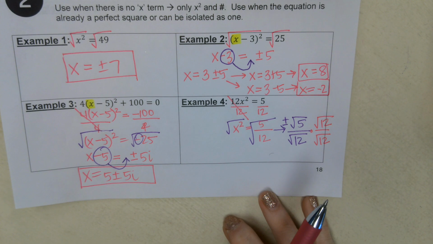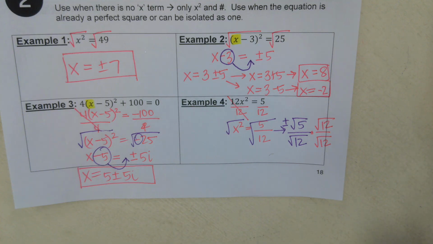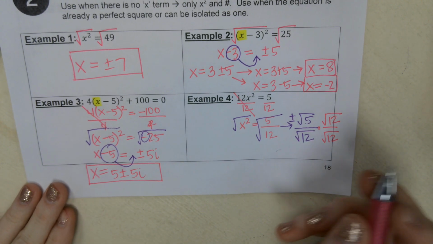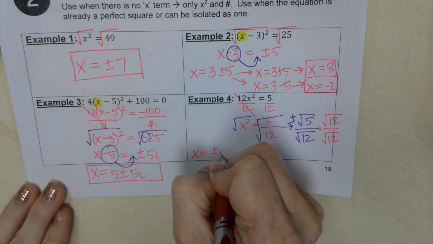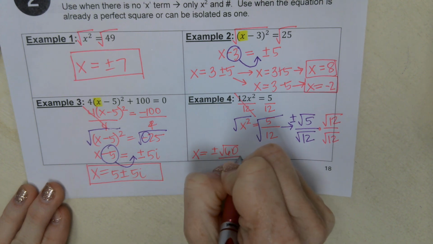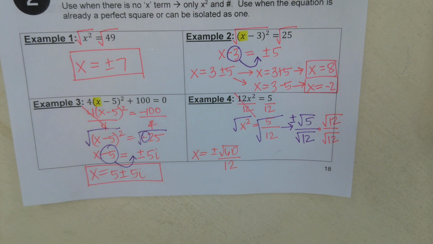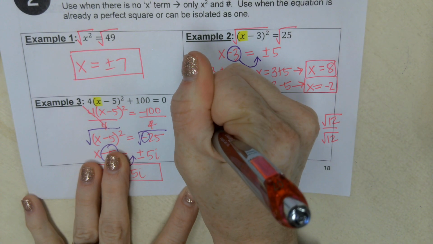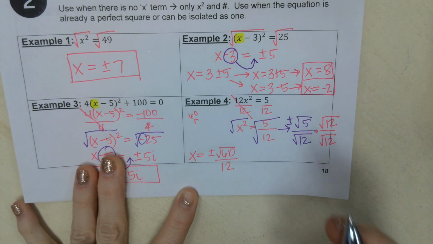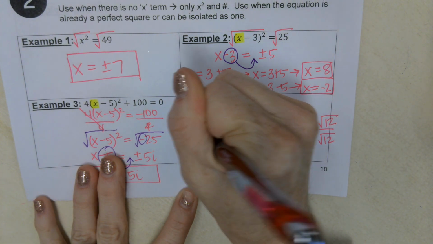Okay. This is where I multiply the top and the bottom by that square root 12. Now, so far, this gives me plus or minus the square root of 60 over 12. Now, I want to take 60 and I want to break it down. Y'all okay with 12 and 5?